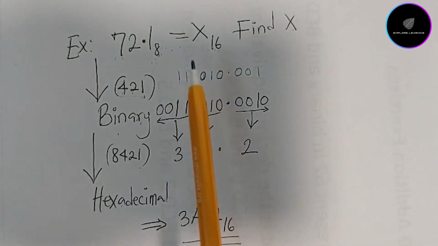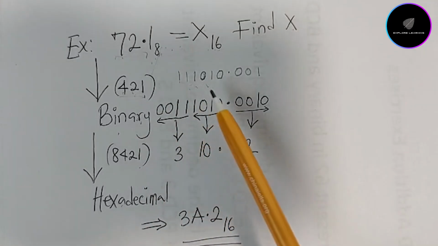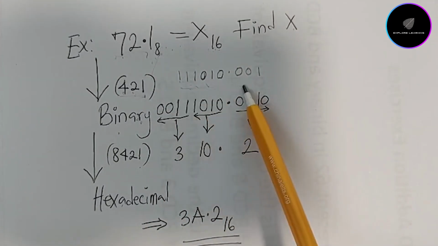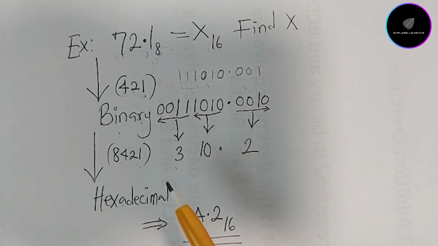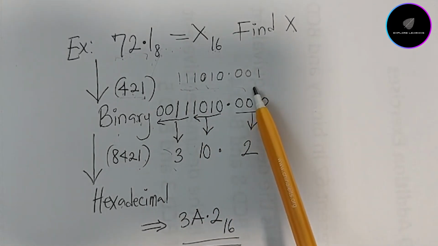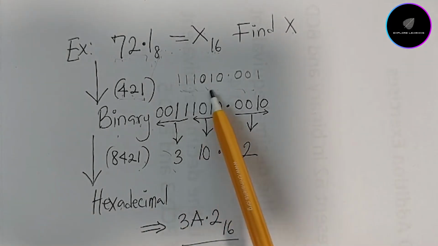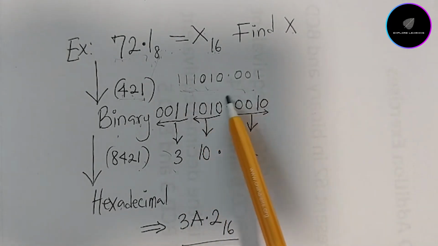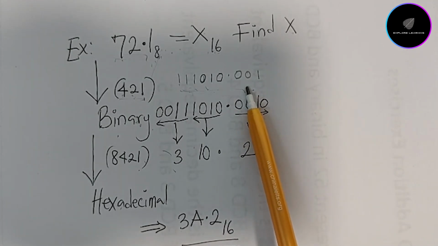Now we need to convert the binary equivalent into hexadecimal, and we know the relationship between binary and hexadecimal is represented using the 4-bit coding system. So in this case, we need to group these binary values into groupings of 4 in order to derive the value in hexadecimal.